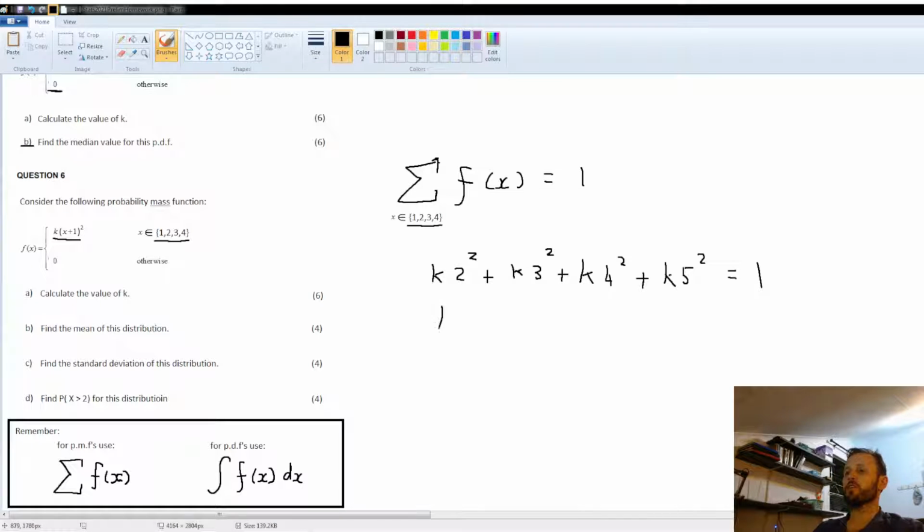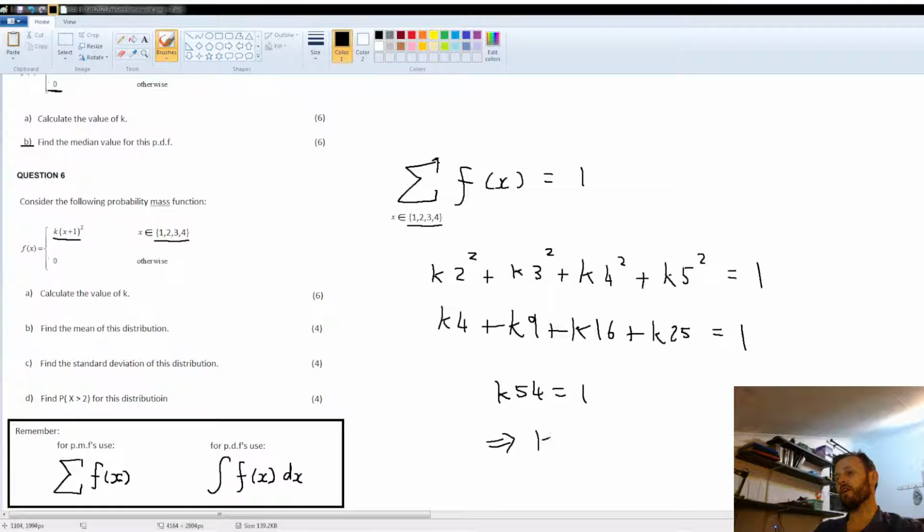So let's see. This is k 4 plus k 9 plus k 16 plus k 25 equaling 1. Let's see what we get here. I'm using my calculator, which you cannot see. 4 plus 9 plus 16 plus 25 is 54. So k 54 equals 1, and here we go.